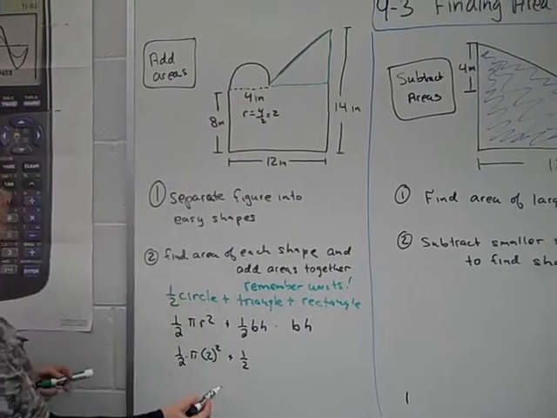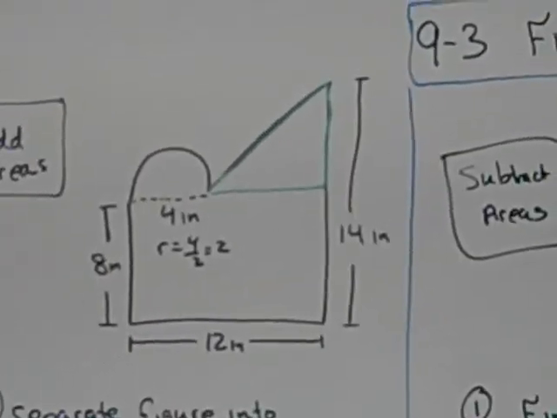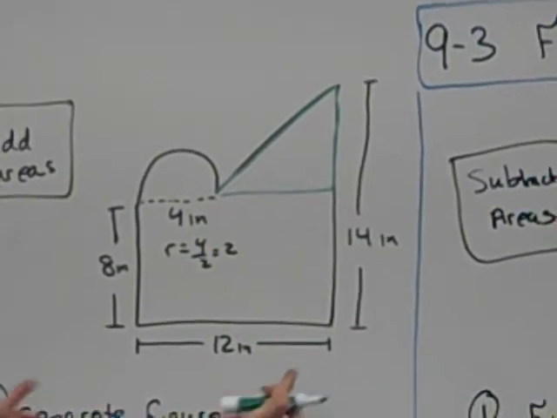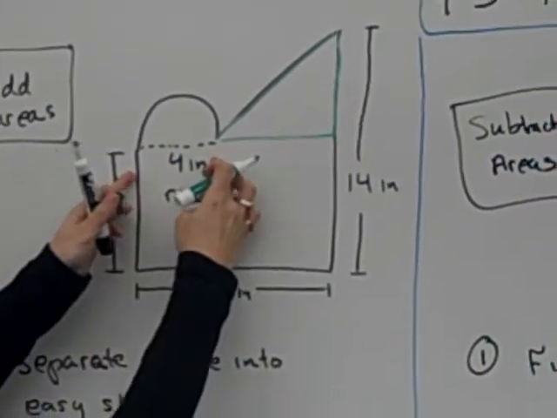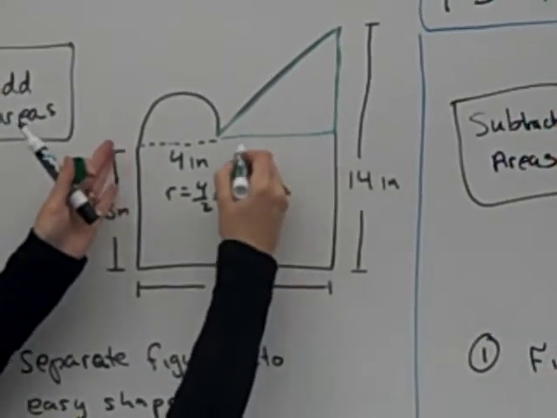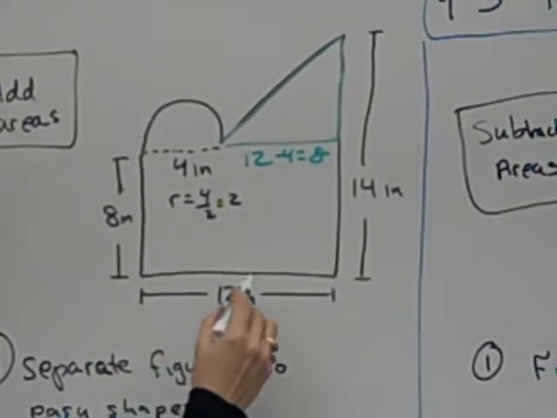I look at my triangle. Notice we don't have anything here, but we can find it. I know this length is 12, and this is 4, coming up. So this must be 12 minus 4, or 8 inches.